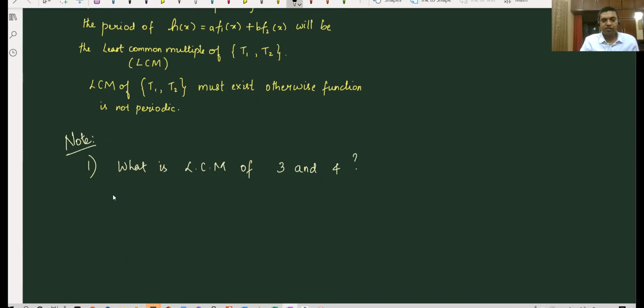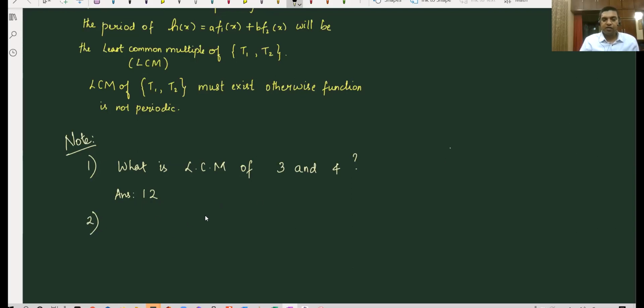Trivial question. Answer? 12. The least common multiple of 3 and 4 is 12.